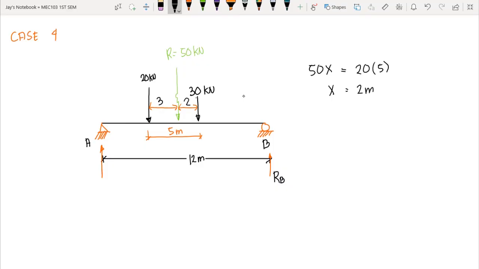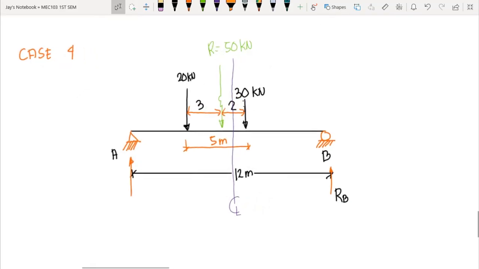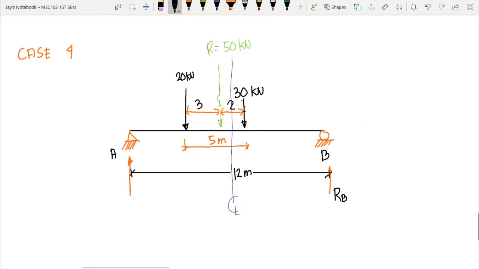So we can now compute our maximum moment by placing the midspan between 50 and 30 on the center line. Now we know that resultant to 30 kilonewton is 2 meters, so we have 1 meter distance from the center line to the resultant, and 1 meter from the resultant to the 30 kilonewton load.